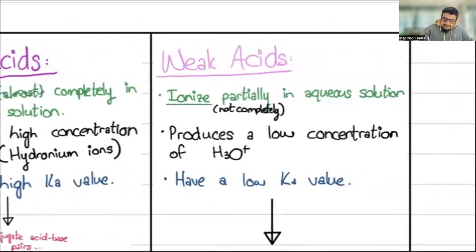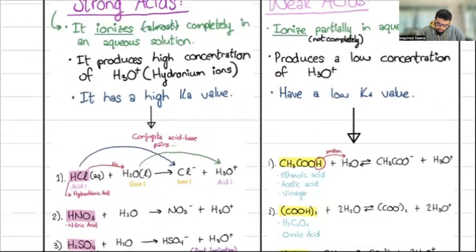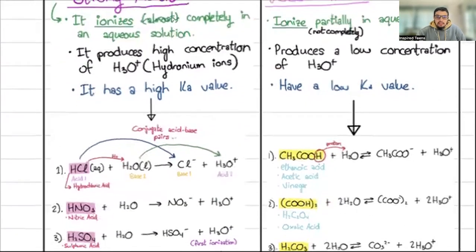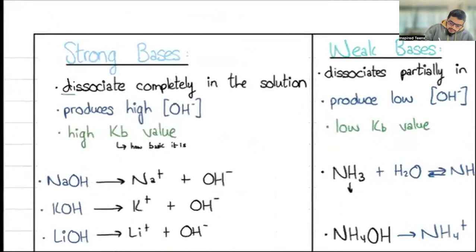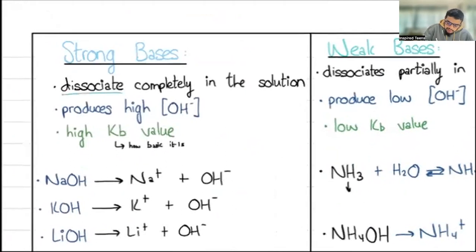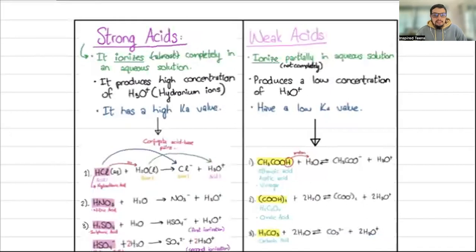So acids ionize, and ionization simply means that when we put it in water, it's a reaction with water. Acids ionize, and when we discuss bases, bases dissociate. So just remember that key difference between the two: acids ionize and bases dissociate.